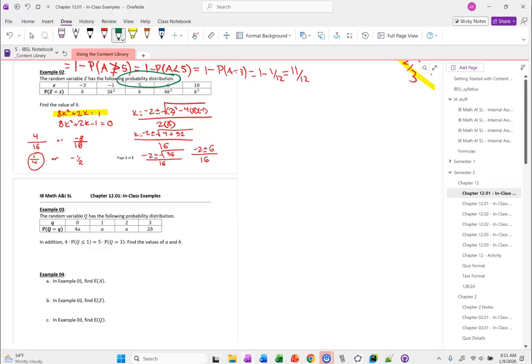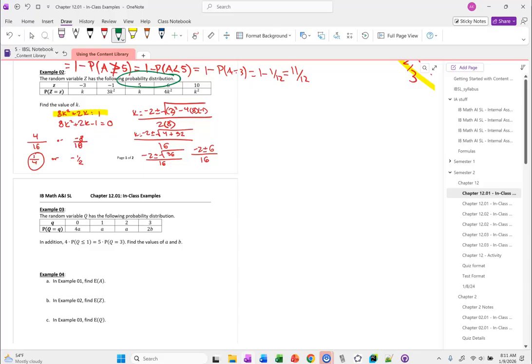So just pointing out that, again, Marin did everything that you're supposed to do, did it the right way, did it the easiest way. That's great. I'm just talking through why we were able to set up the equation. And you should make sure at the end that you checked that the value for k is valid. Now, I wouldn't give you a problem where you solve for k and it gives you an impossible problem that doesn't work for a probability distribution.